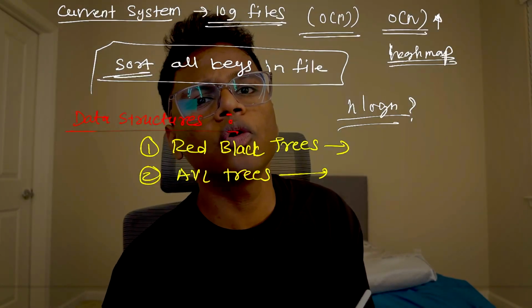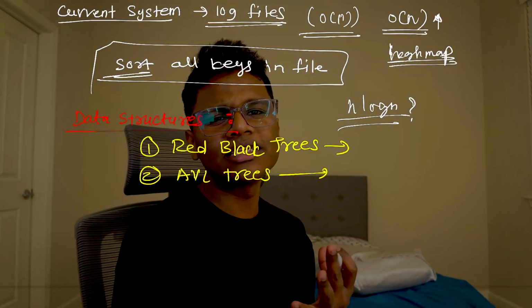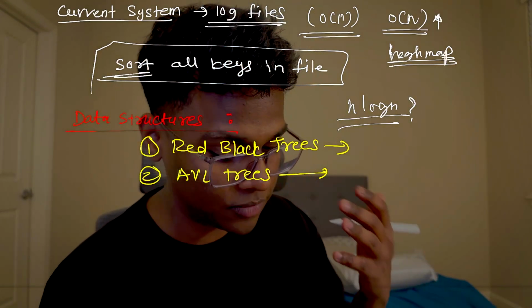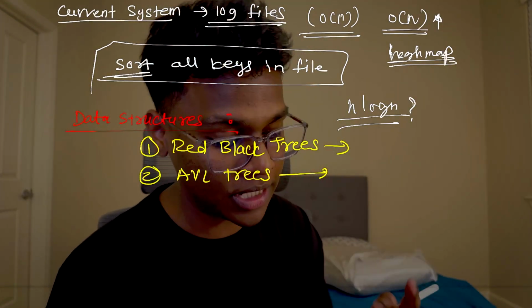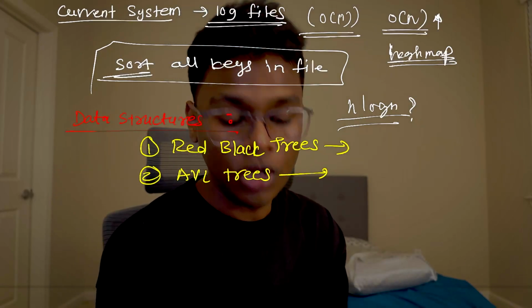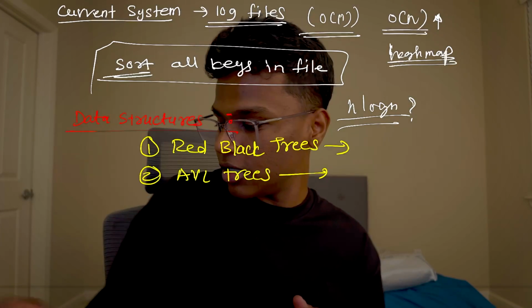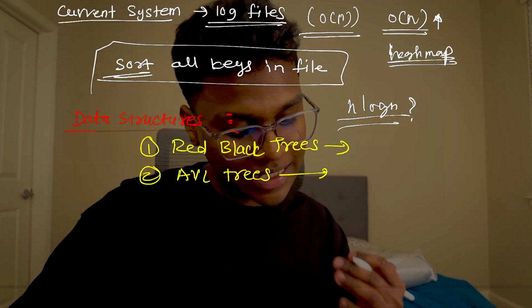Okay, so what exactly are these data structures? Dude, I'm a bachelor student. मैं ये लाइफ में पहली बार सुन रहा हूँ. मुझे रेड ब्लैक ट्रीज पता नहीं है, एवियल ट्रीज क्या है पता नहीं है. Like what exactly are those?